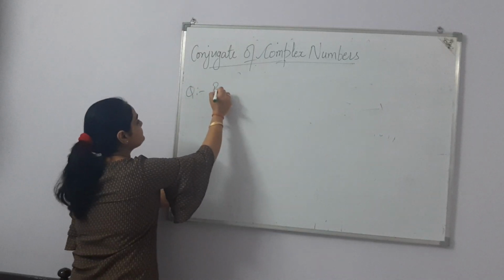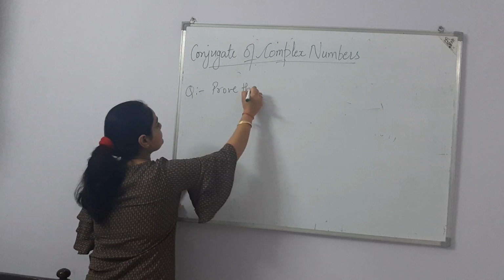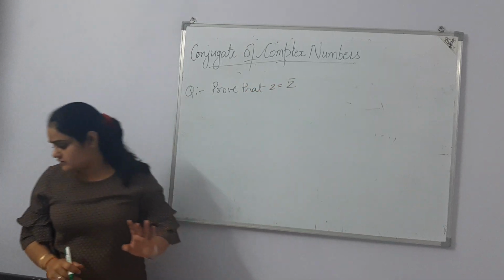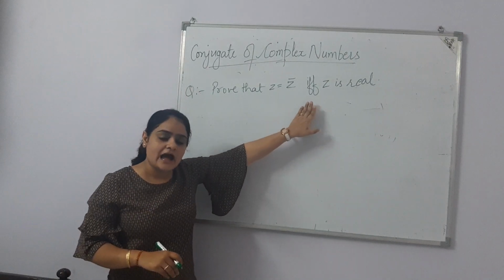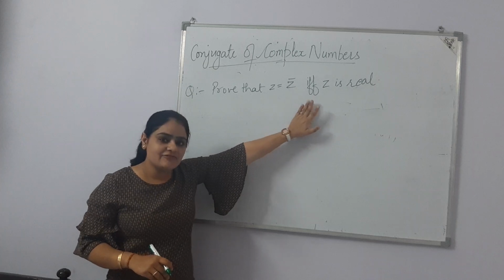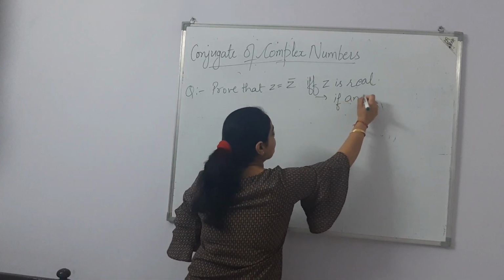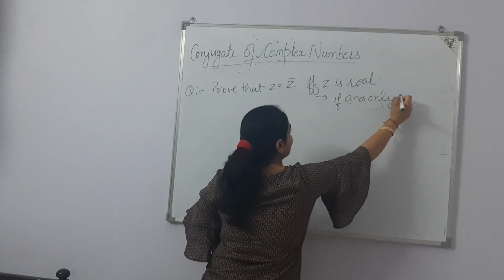Next question, it is saying prove that z is equals to z conjugate if and only if z is real. Now this is not "if". IFF is called if and only if. This is the symbol of if and only if.